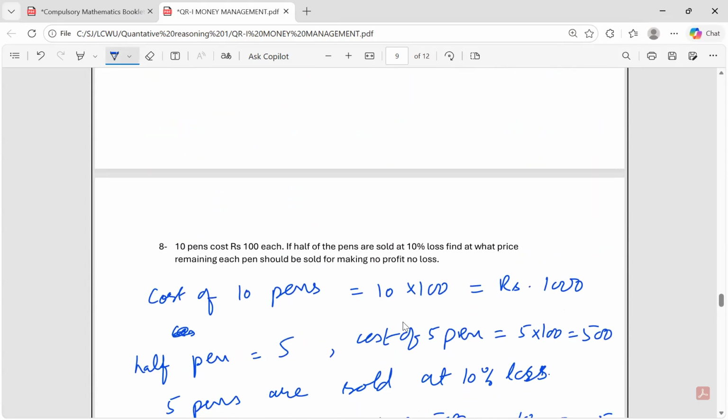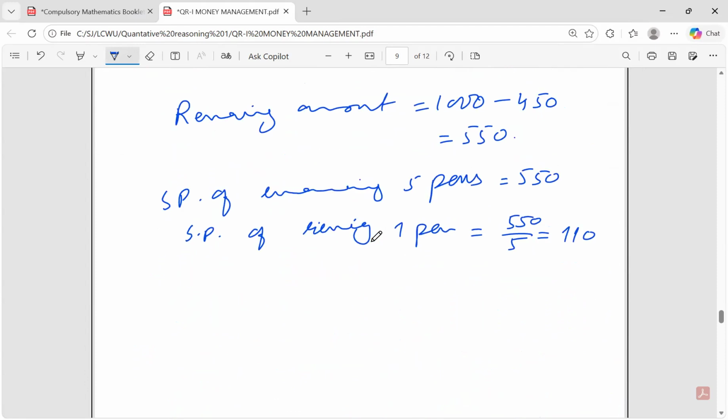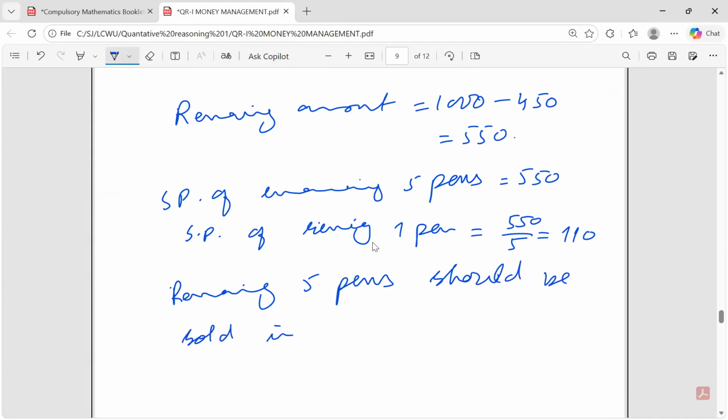So this was the question, to find at what price the remaining pens should be sold for making no profit, no loss. Hence the remaining 5 pens should be sold at rupees 110 each to get no profit, no loss.